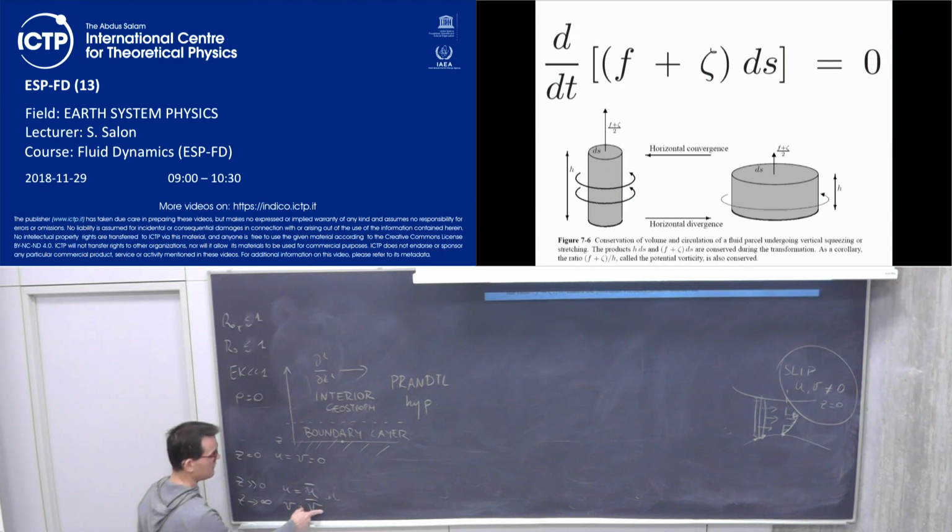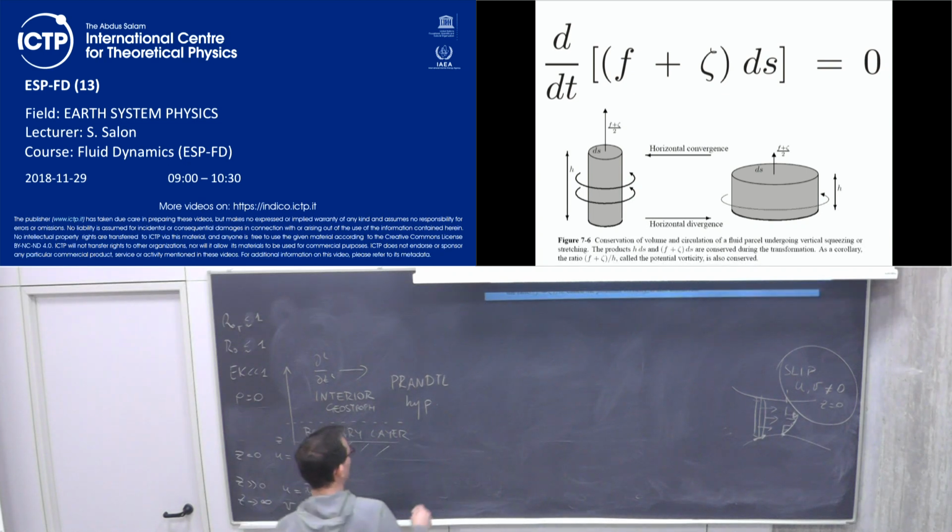Well, U bar and V bar are just perfect. Okay? So our equations, well, before the equations, how much can the Ekman number be?